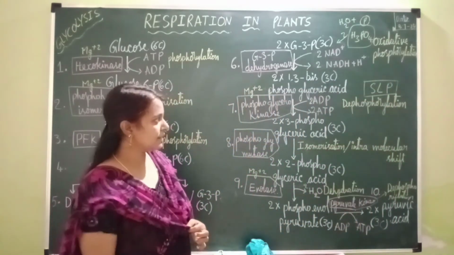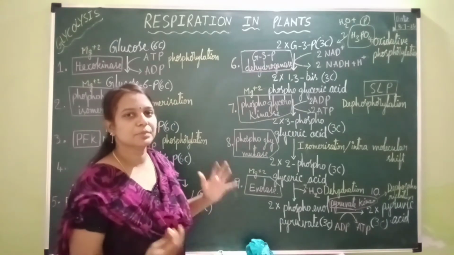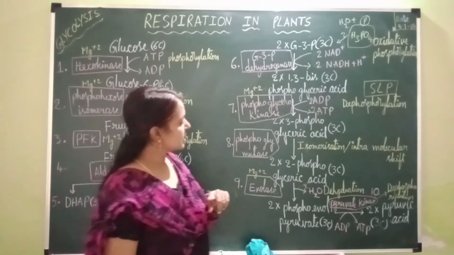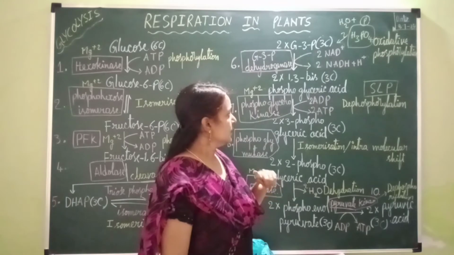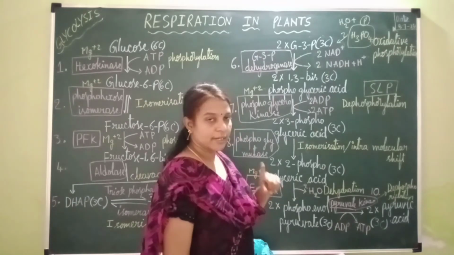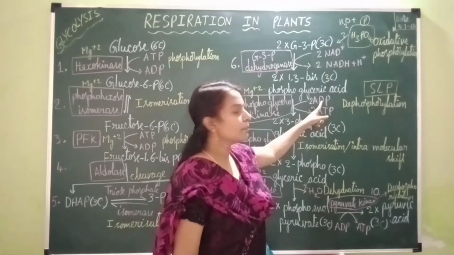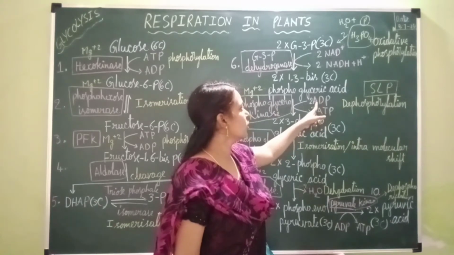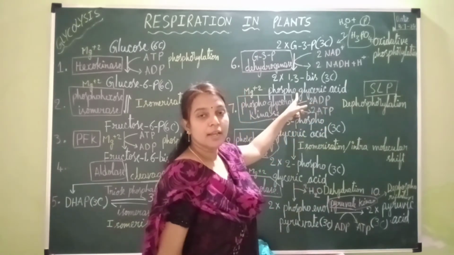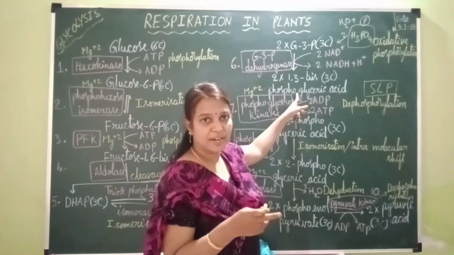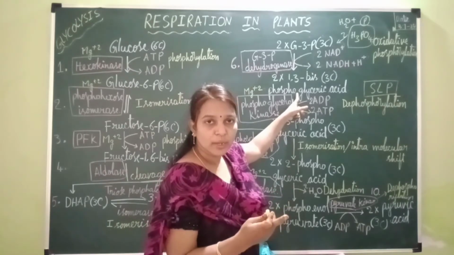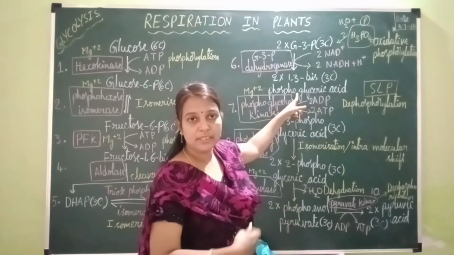What is this substrate level phosphorylation? Now let's define it. Substrate level phosphorylation means synthesis of ATP from ADP due to the transfer of inorganic phosphate from a phosphorylated intermediate or substrate to ADP for the synthesis of ATP.